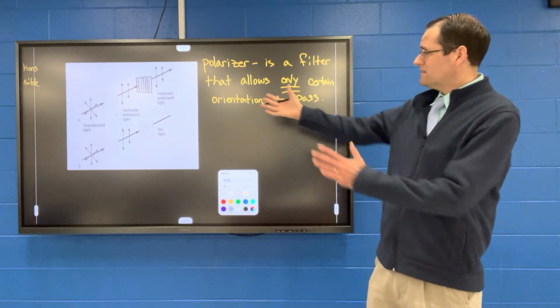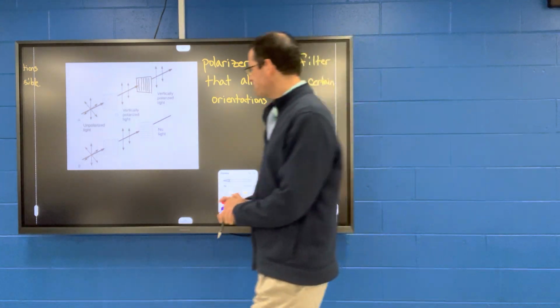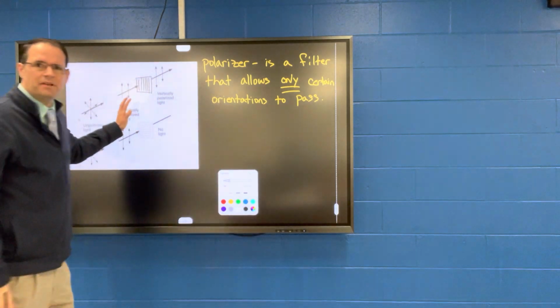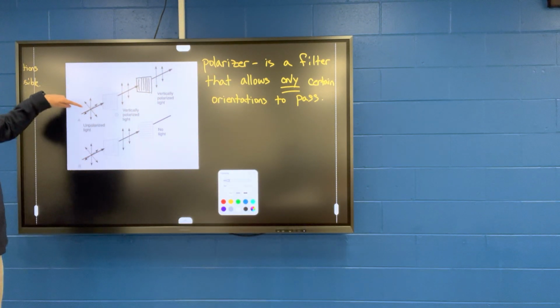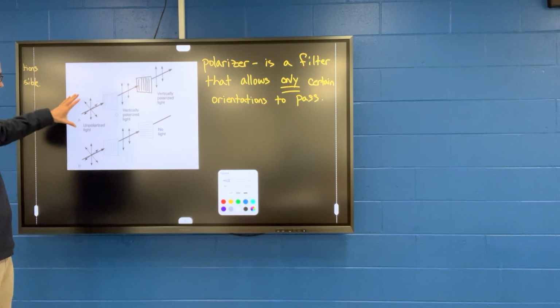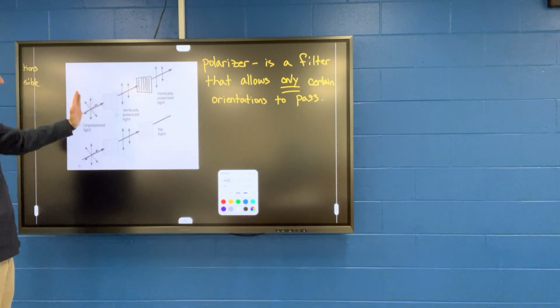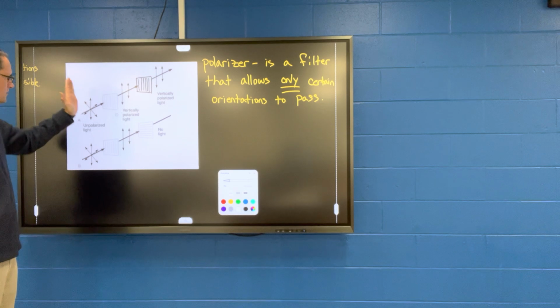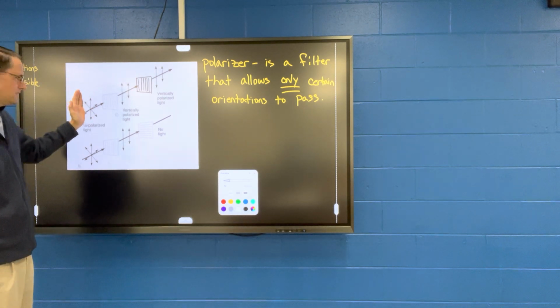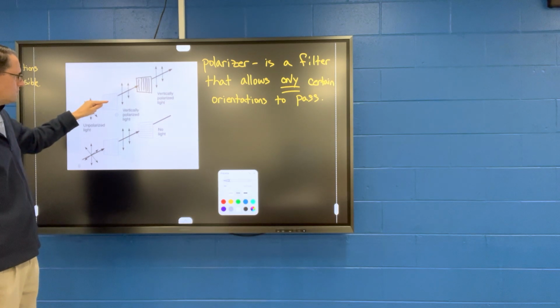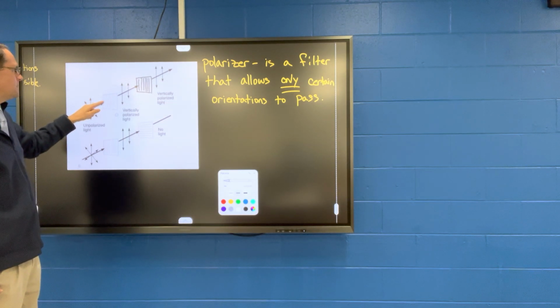Okay, so let's take a look at what we have over here. Again, I'm not sure if you can see too well on the camera, but we have unpolarized light in this top figure, okay? Light is present vertical, this angle, so it's many different orientations of light, and it hits this filtering element.